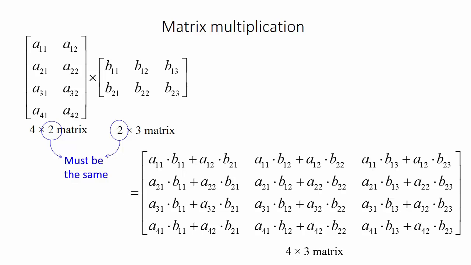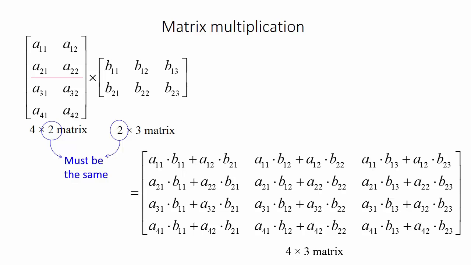So it looks complicated, but all you're doing is taking the entire first row of the first matrix and multiplying it by the elements of the first column of the second matrix and adding them together. And that's the very first element of this matrix. And then you keep doing that.